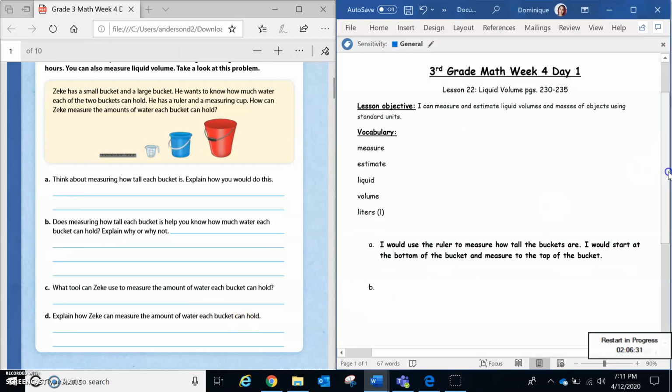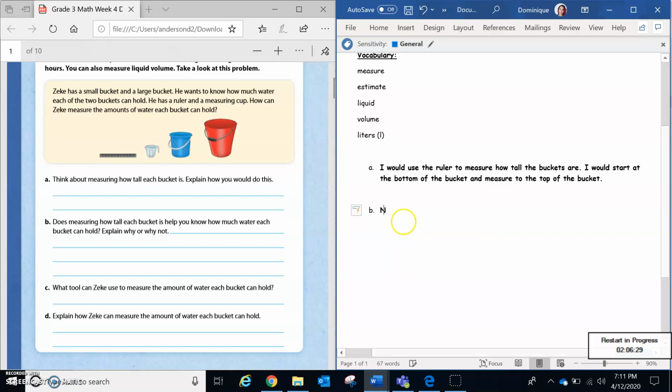So for our answer, we're going to put no, because the length of a bucket does not tell how much water is needed.